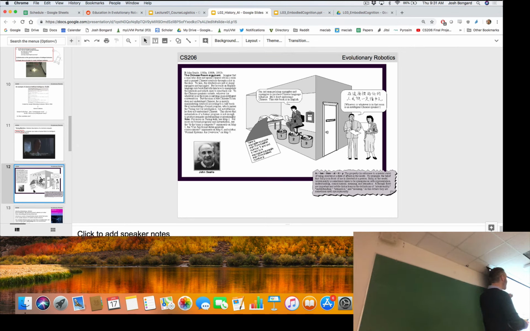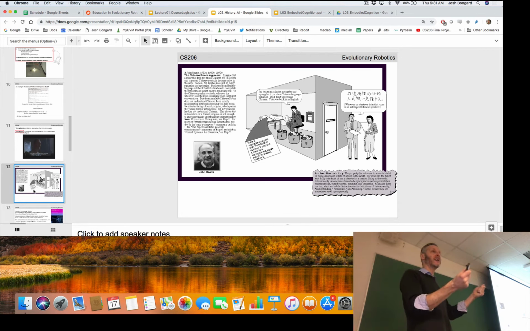If that book is large enough, then no matter what question is passed in through the door, the person inside should be able to use that book to compose a response, pass that response back out of the slot, and the readers on the outside of the room read the response and say, that's a very wise, reasoned, and intelligent answer to my question. Who passed the Turing test in this system?